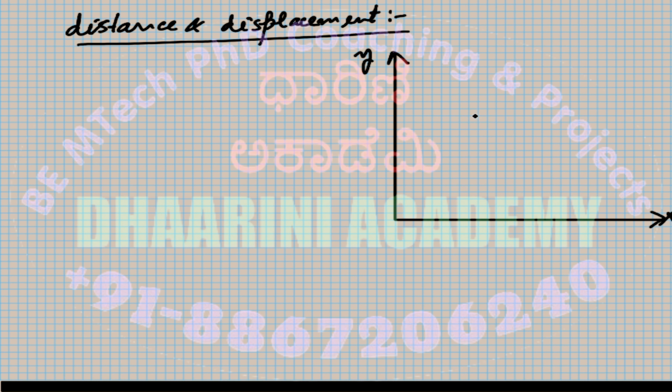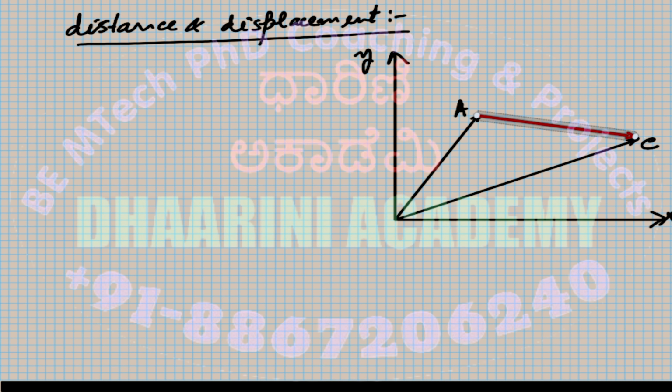One point is over here, this is A. Another point over here, this is C. Using the vector notation, I need to draw two position vectors, one is this, and the second one is this, for A and C. Let me assume that there was an object which is at A, it moved towards B and then towards C. So this is the path it used to move.